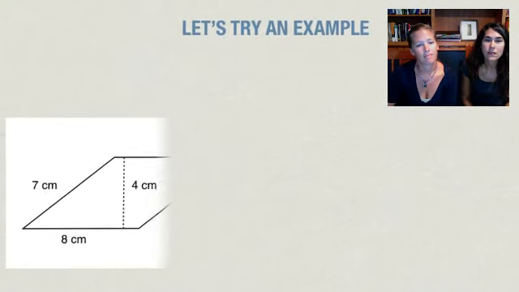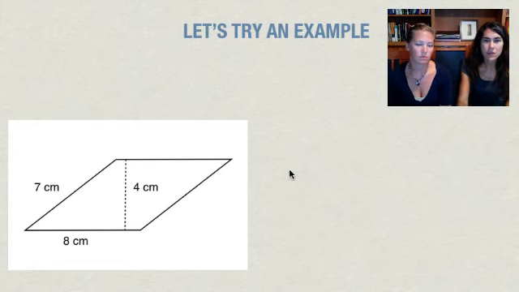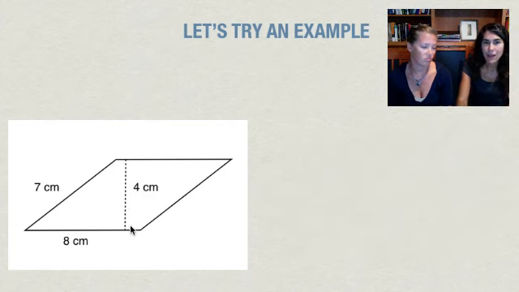All right, let's look at one other example. And this one we sort of liked because you'll notice here we have one length of 7 centimeters, one length of 8, but we have this height here. And what's interesting is you don't really need it in this case. And what we want you to realize is that can happen often. You'll get extra information.